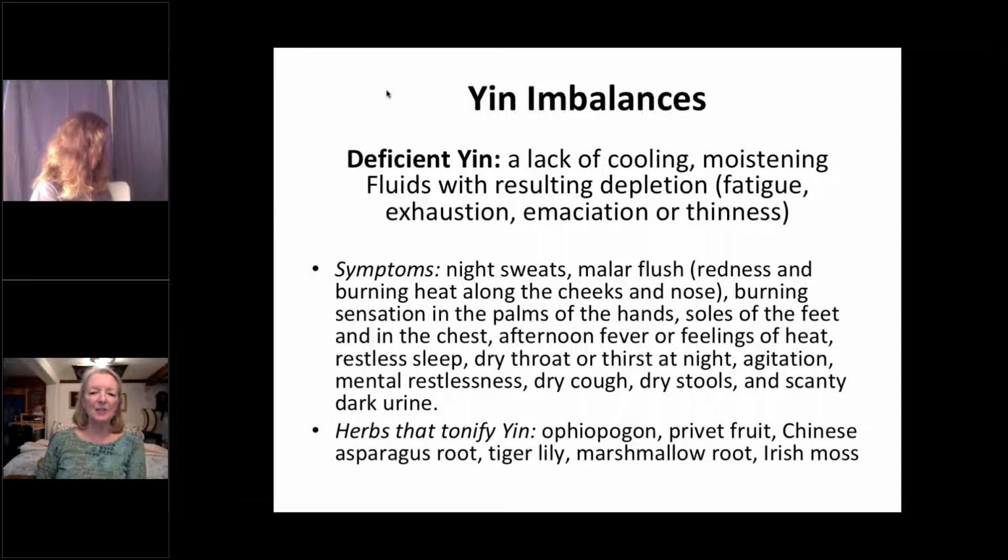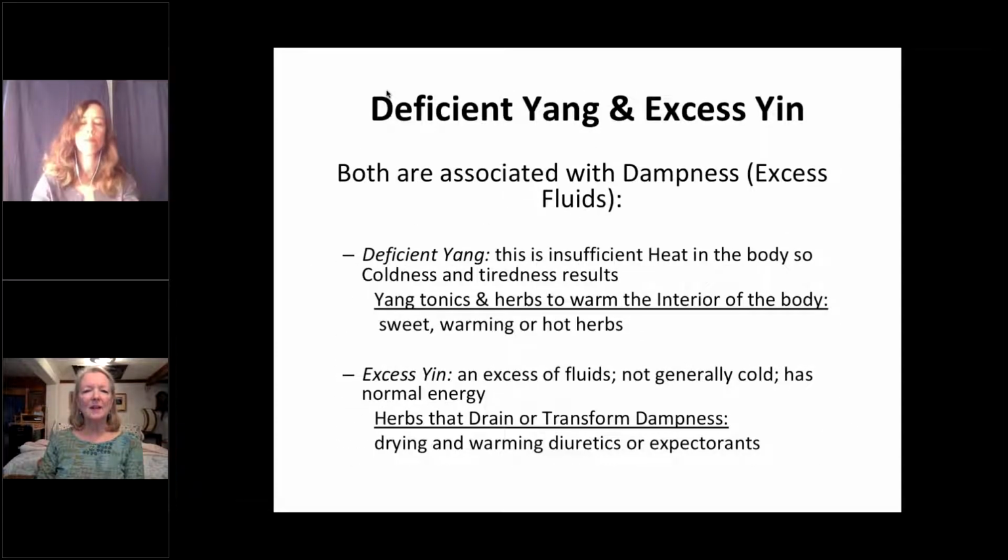Ophiopogon, which is Japanese turf lily, is an ornamental that has a little white moist bulb and is really beautiful at tonifying yin. Chinese asparagus root, shatavari in Ayurvedic medicine. These are all really good yin tonics. So let's compare these, and then we're going to take a break and answer questions.